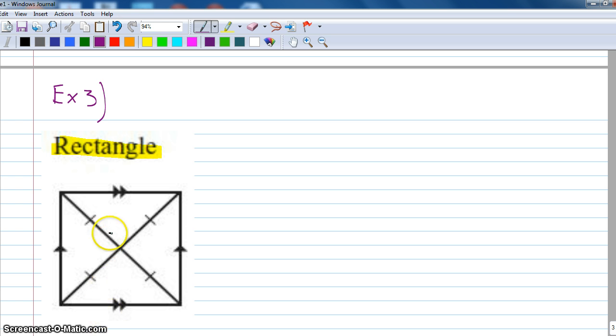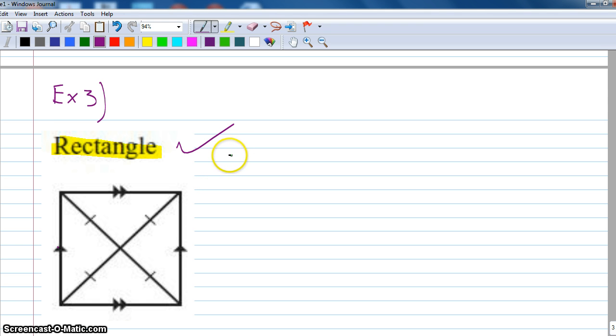Rectangle says that these 2 sides are parallel, so we're good there. And it says you have to have 90 degrees. We don't have that, but okay. It also says that the diagonals have to be congruent. That one equals that one, and that one equals that one. Do we have that? Yes, we do. Since we have the diagonals congruent and the sides parallel, we can say, yes, this is a rectangle. There is enough information.